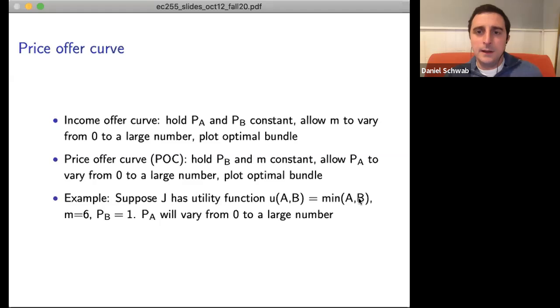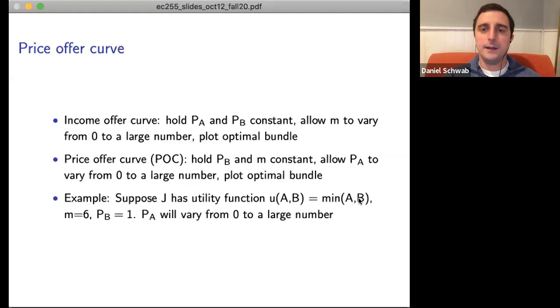Okay, so let's look at similar examples to what we saw before. So we'll look at this perfect complement utility function. So the utility of A, B is the minimum of A and B. And so here we have to set a particular value for M, right?